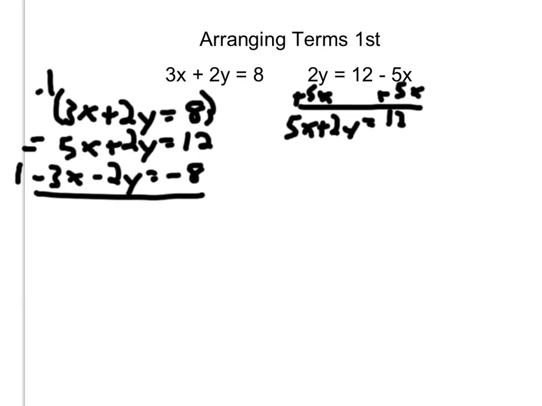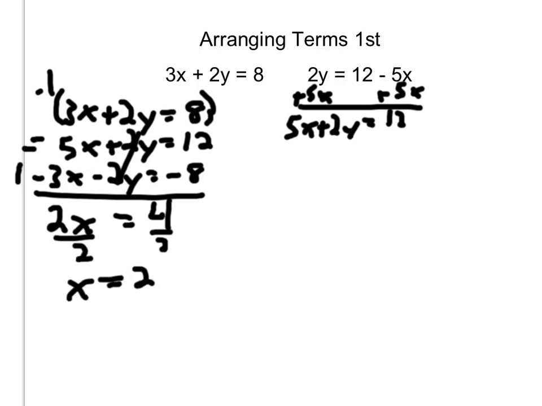So I'm going to add these two equations together. 5x plus negative 3x is 2x. 2y and negative 2y cancel, and 2x equals 12 minus 8, or 12 plus negative 8, is 4. Divide by 2, I get x equals 2.